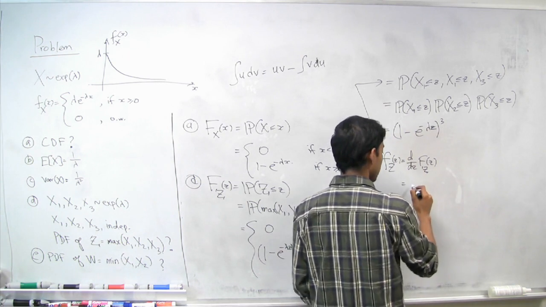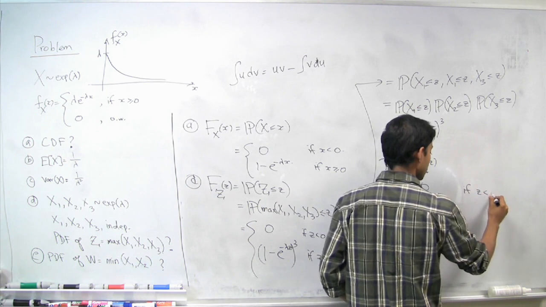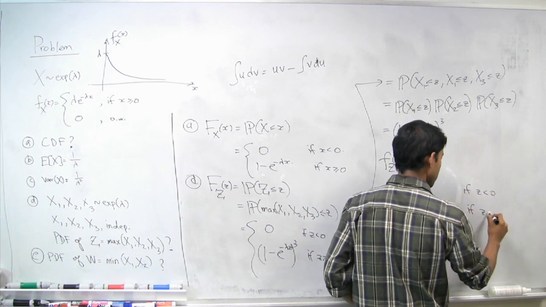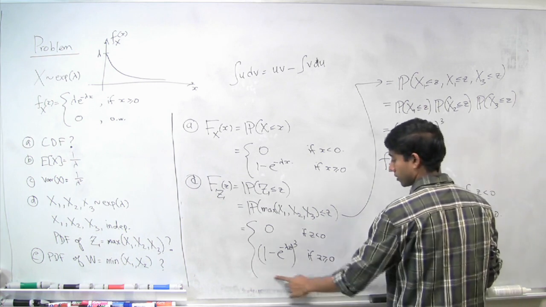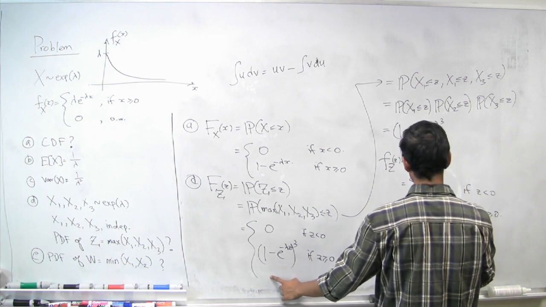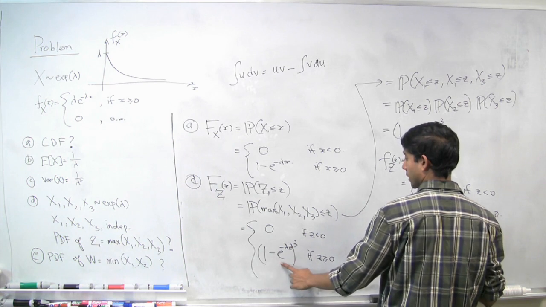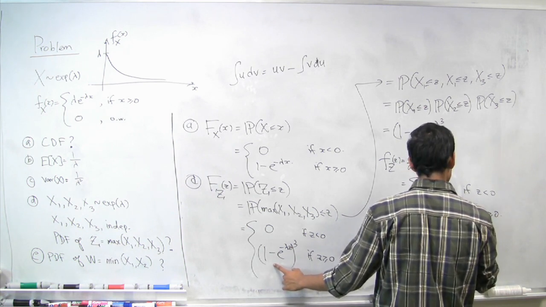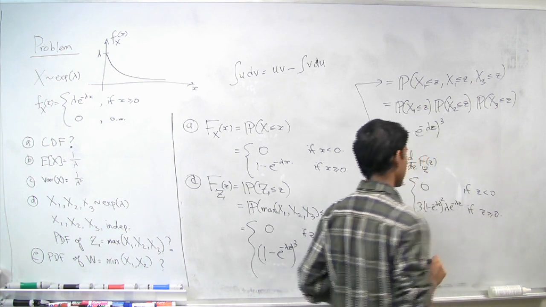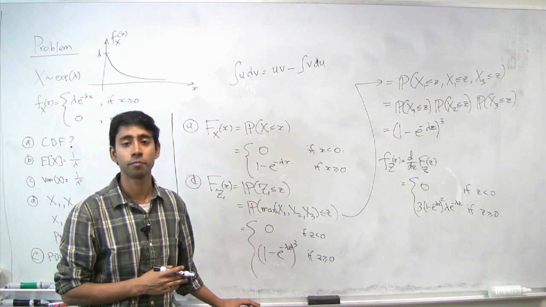Let's see, so it's going to be the same like this, 0, for z less than 0. For z greater than or equal to 0, it's going to be the derivative of this thing. The derivative of this thing is, by chain rule, 3 times 1 minus e to the minus lambda z, squared. Then the derivative of negative e to the minus lambda z, that's just lambda e to the minus lambda z. Okay, there we go. This is the PDF we were looking for.